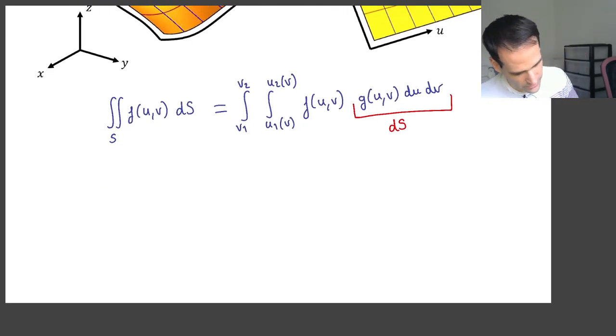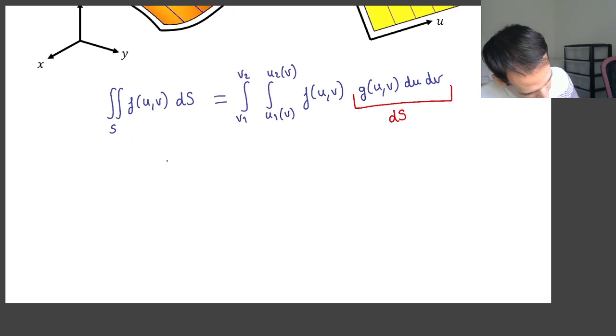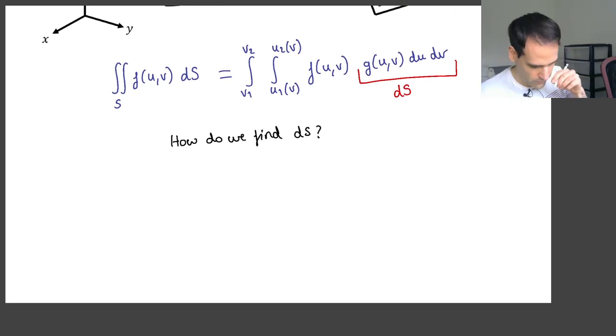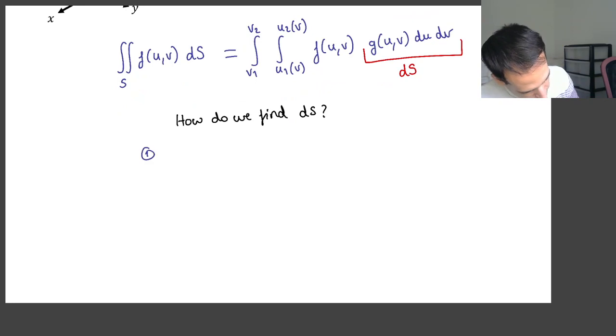So the question now is, how do we find dS? And I'm going to show you three methods. The first method is by using geometrical intuition.